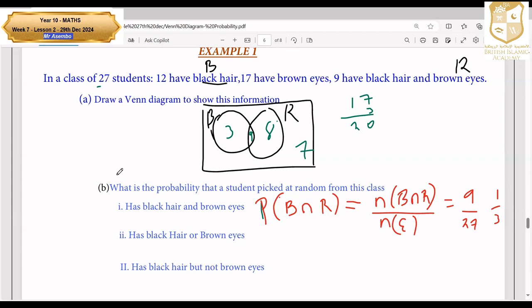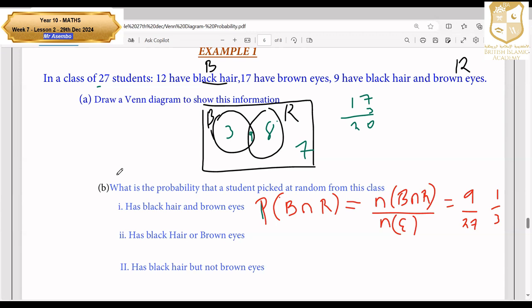The probability of picking a student who has black hair or brown eyes, meaning he has either brown eyes or black hair, is a union.